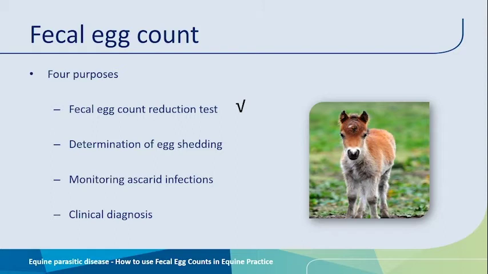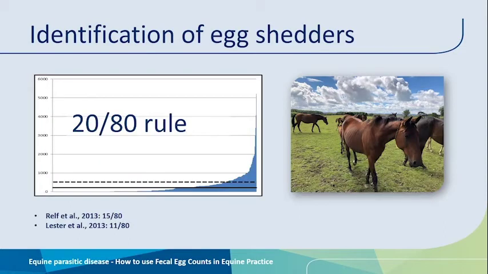Now, look at the next one, the termination of egg shedding. That's another application. And the basis for that is these observations that have been made by several different people around the world, that we have this over-dispersed distribution of parasite burdens amongst herds of horses, and also egg count shedding levels.